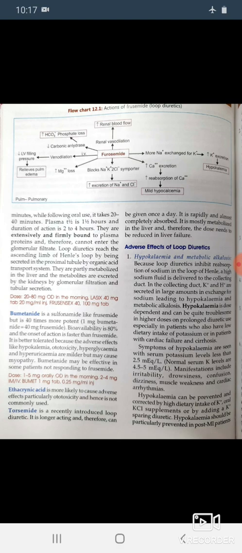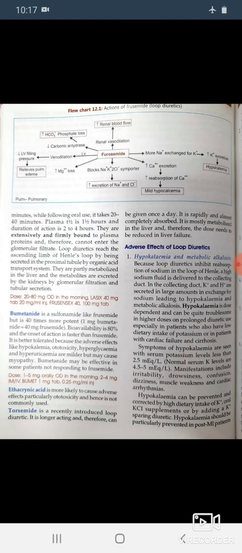Okay, coming to the adverse effects of the loop diuretics. The first one is hypokalemia and metabolic alkalosis. As we have seen in the pharmacological action of the loop diuretics, along with sodium and chloride, they also inhibit the reabsorption of potassium.